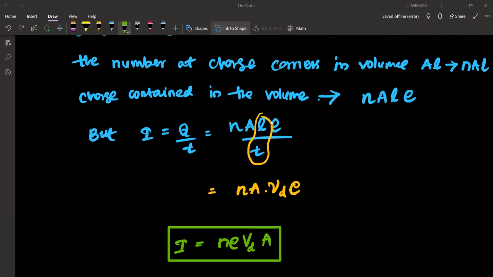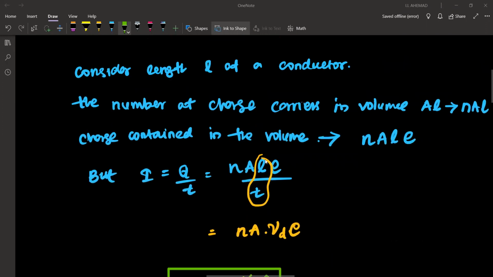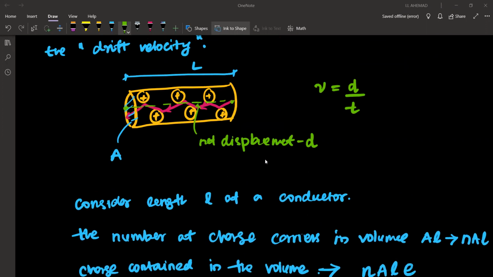Just look at this L over T. Now, when I say length over time is drift velocity, we are not able to accept it, right? So this is how it works. Just look. Now in this volume, we have n number of electrons, sorry, n number of charges.